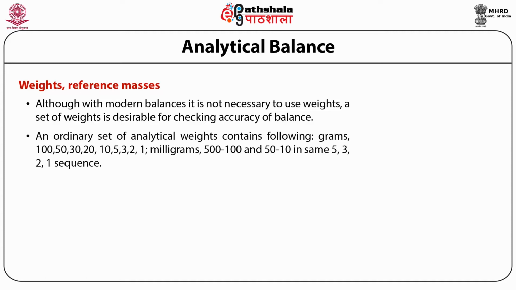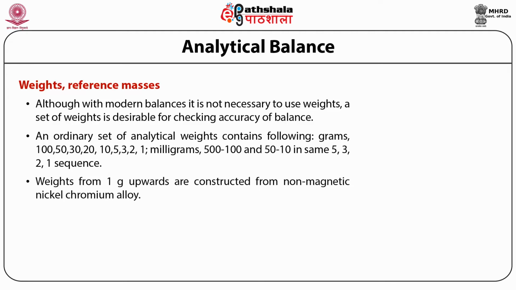An ordinary set of analytical weights contains 100, 50, 30, 20, 10, 5, 3, 2, 1 grams and weights of milligrams starting from 500 milligram to 10 milligram and then 5 milligram, 3 to 1 milligram in sequence.